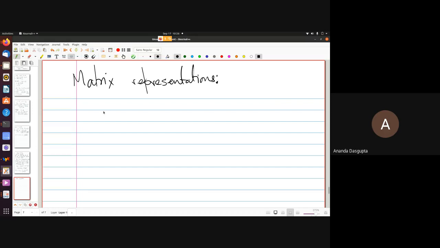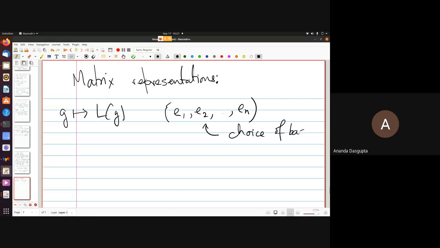We start with an operator representation. For any given group element G, there is an LG, an operator acting on the vector space V, which represents it. Then we choose a basis E1, E2, En. That's a choice of basis, and the basis really is not a set, it's a tuple, an ordered basis.